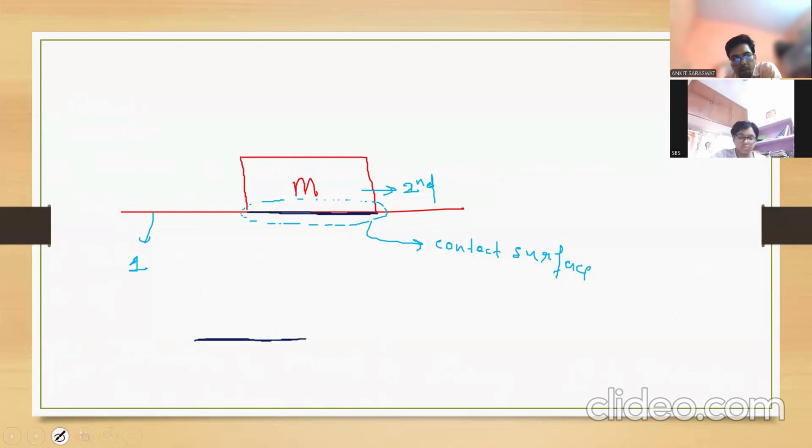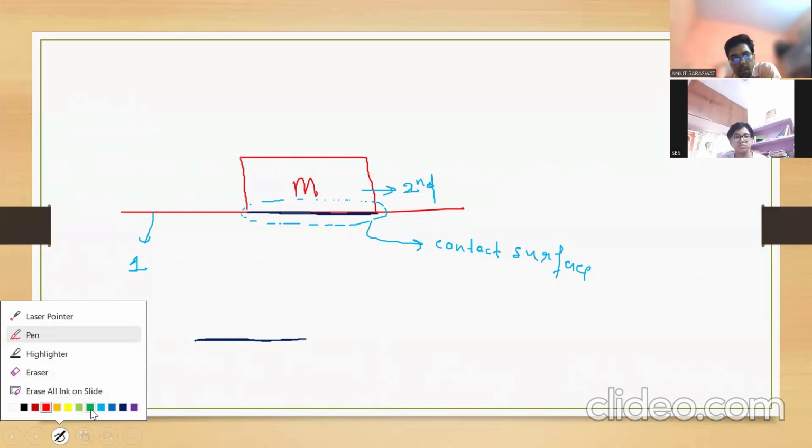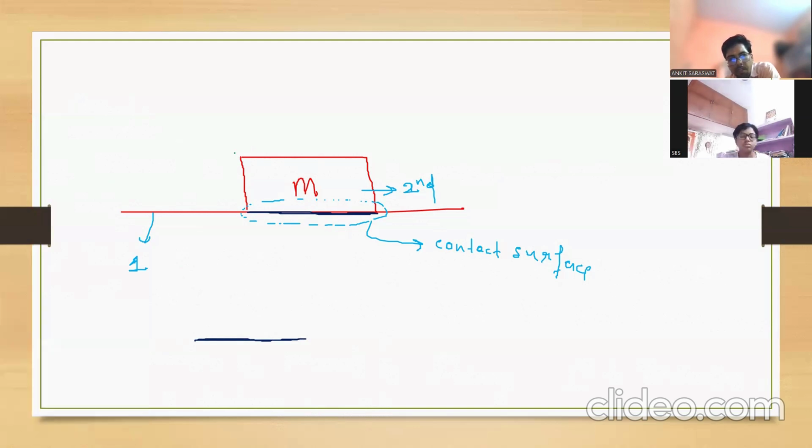Now I want to know the normal reaction force acting on this object. This is my system. I want to know the direction of normal force on this block, which is placed on the surface of the other object. This is my system, the block.